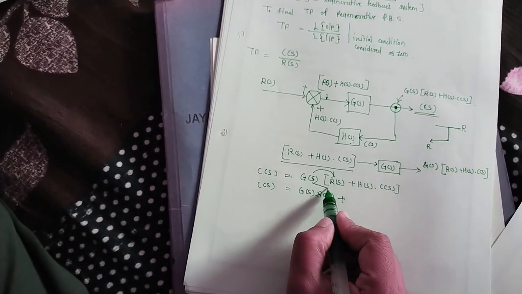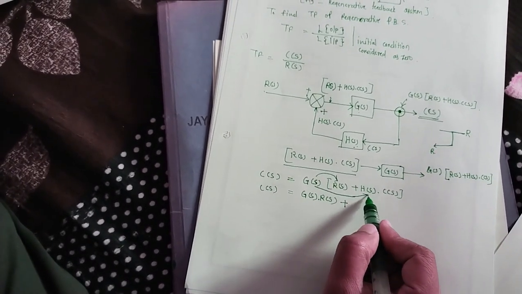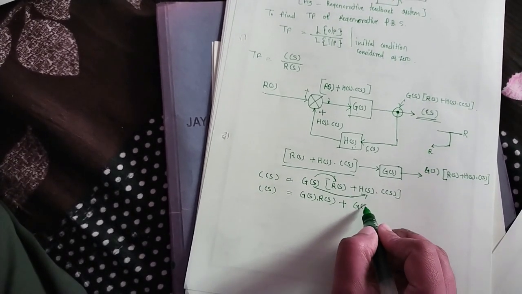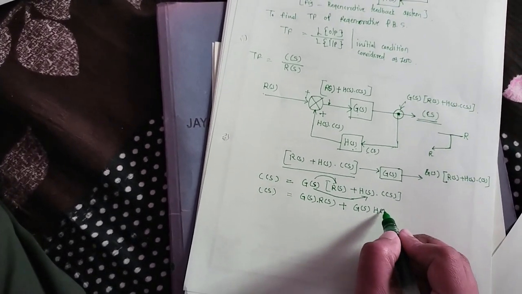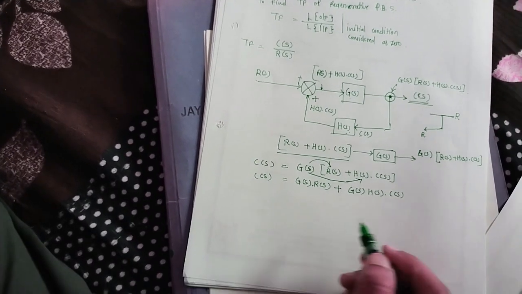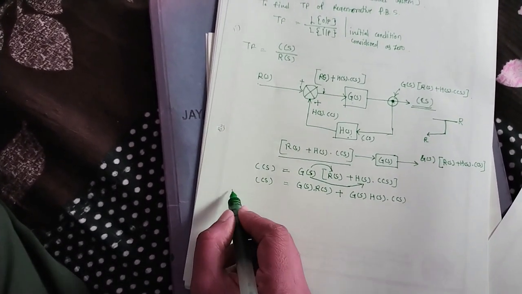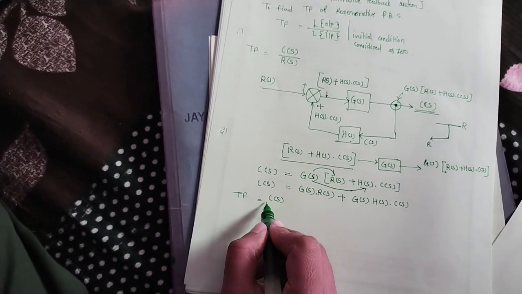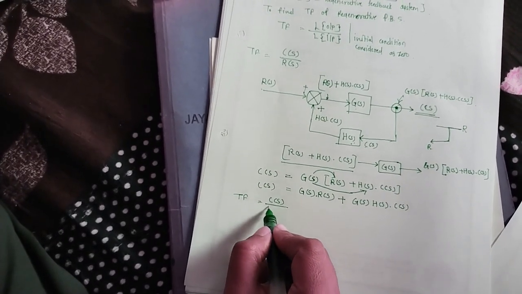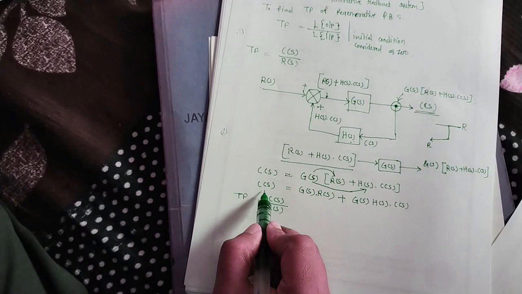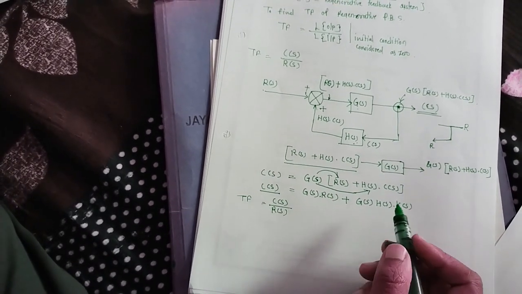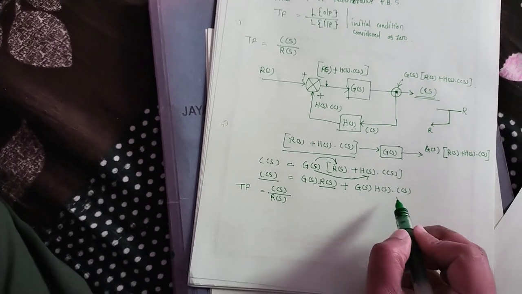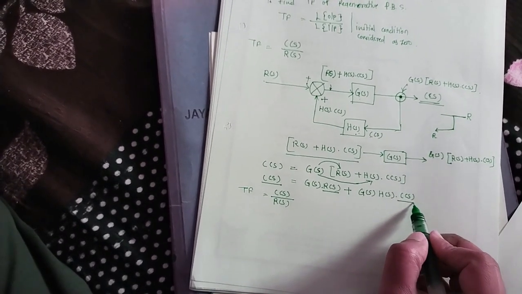Then this G of S is again multiplied with H of S into C of S, so you get G of S into H of S into C of S. Now your transfer function is the output C of S to the input. Here is your output term and here is your input term. The second output term is also present over here.